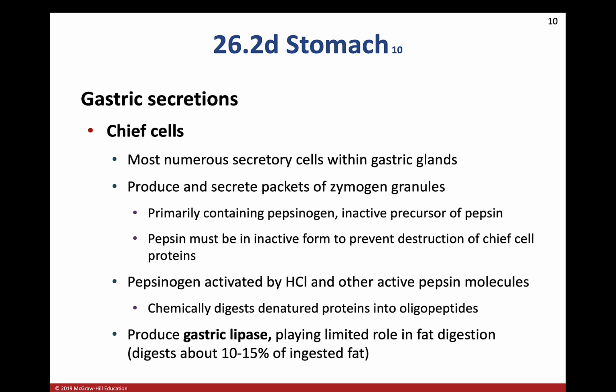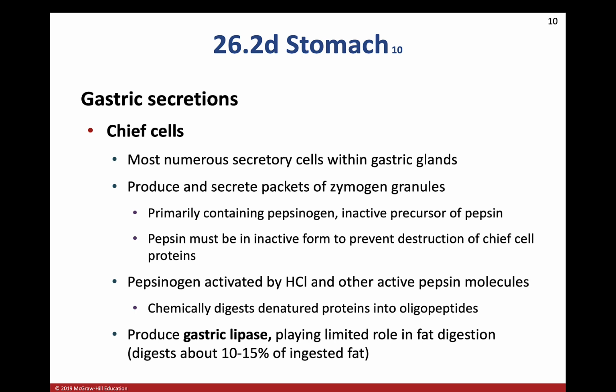Now, the chief cells, these are the most numerous cells within the gastric glands, and they produce packages of zymogen granules. Now remember, zymogens are not going to be active. They are produced in an inactive form, and they are mostly made up of pepsinogen. So once again, that GEN ending that we have seen numerous times indicates that in this form, pepsinogen is inactive.